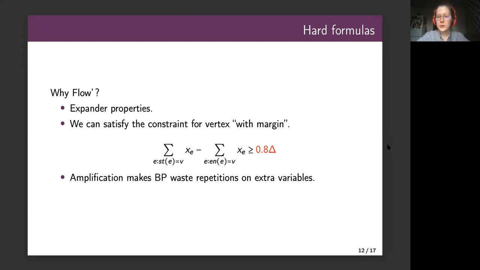And the last property listed here is what we achieved by the amplification trick. This amplification makes the branching program waste its repetition on those extra variables we added to clauses, and those variables do not really mean anything for the formula, so those repetitions are just wasted on nothing. Okay.